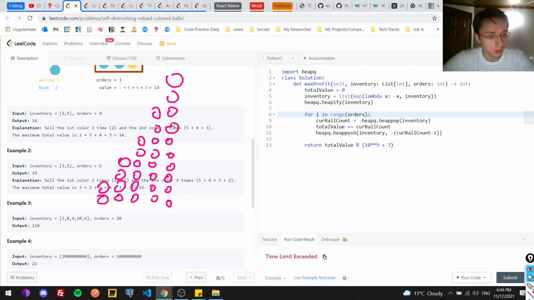So for 20, you need at least this maximum that you can have here. Look at this one: you can have 2, and from here, until this point you can have 4.